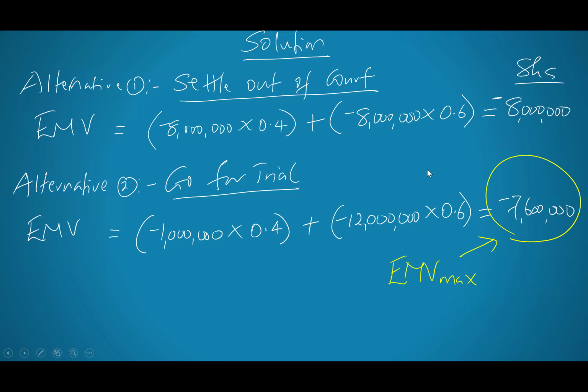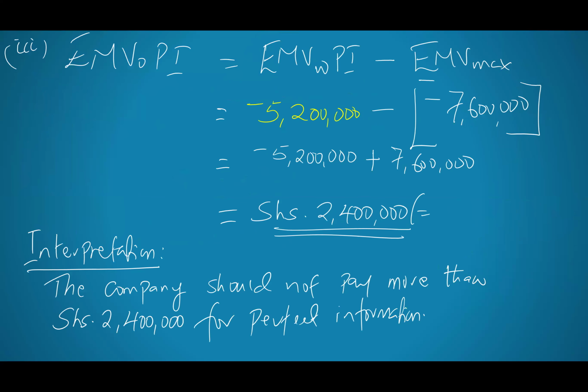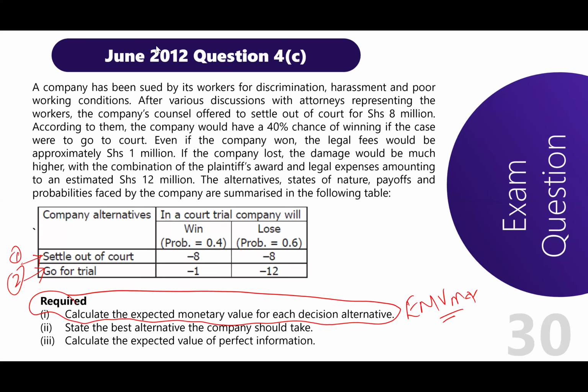So now we have the EMV max. What are we going to do now? We are going to calculate the expected monetary value of perfect information, which is the expected monetary value with perfect information minus the expected monetary value maximum, which we have got as 7.6. Now I want to take you to the other page where I'm calculating the expected monetary value with perfect information.